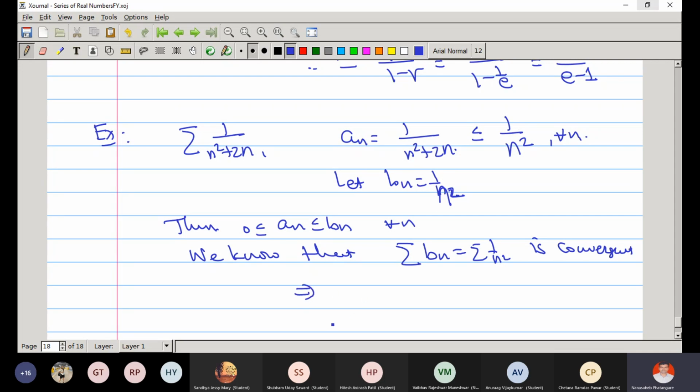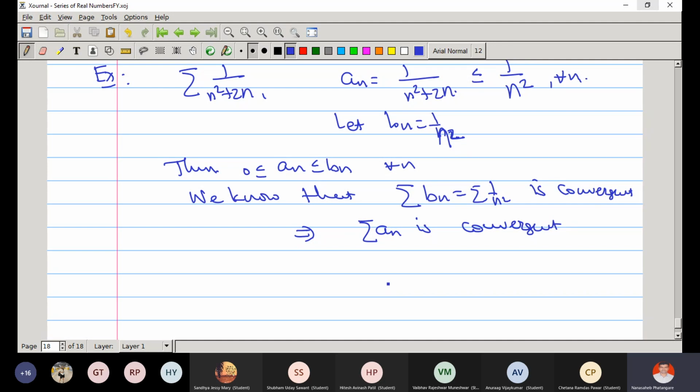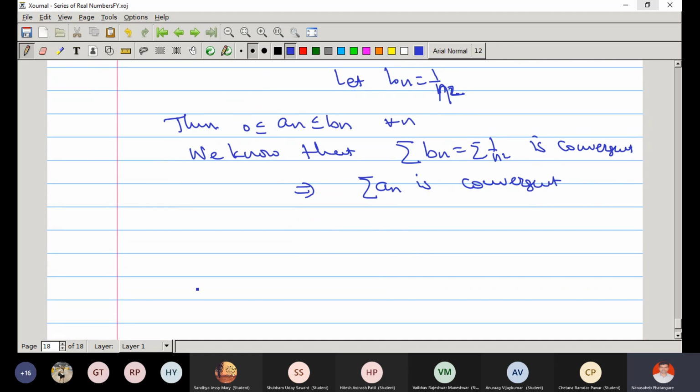And therefore the series an is convergent, right? Because an is smaller, but here we are assuming positive terms, not in general, not in the case of negative numbers. So this is clear.